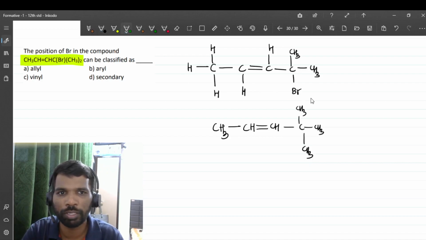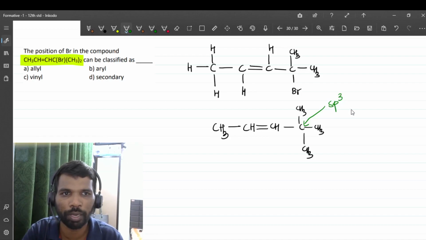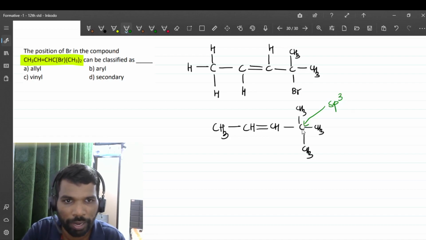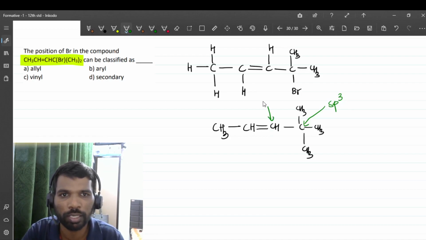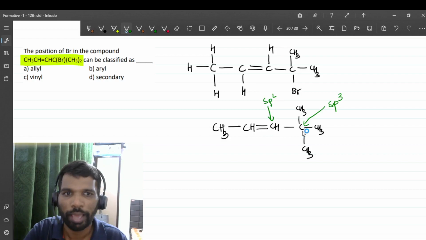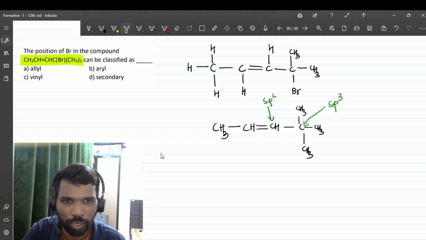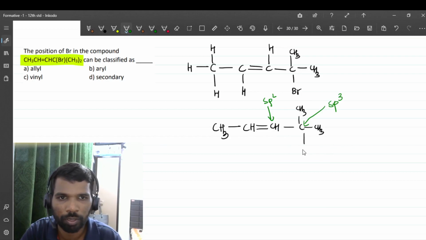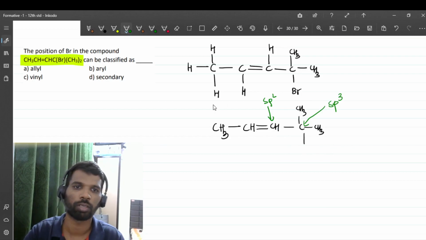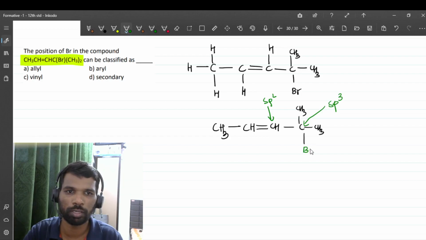What is the hybridization of this? It is connected to an sp3 hybridized carbon, and the next carbon connected to it is an sp2. So whenever the halide is connected to an sp3 carbon and next to that is an sp2 carbon, such a halide, and this is Br, is called an allylic halide, right?